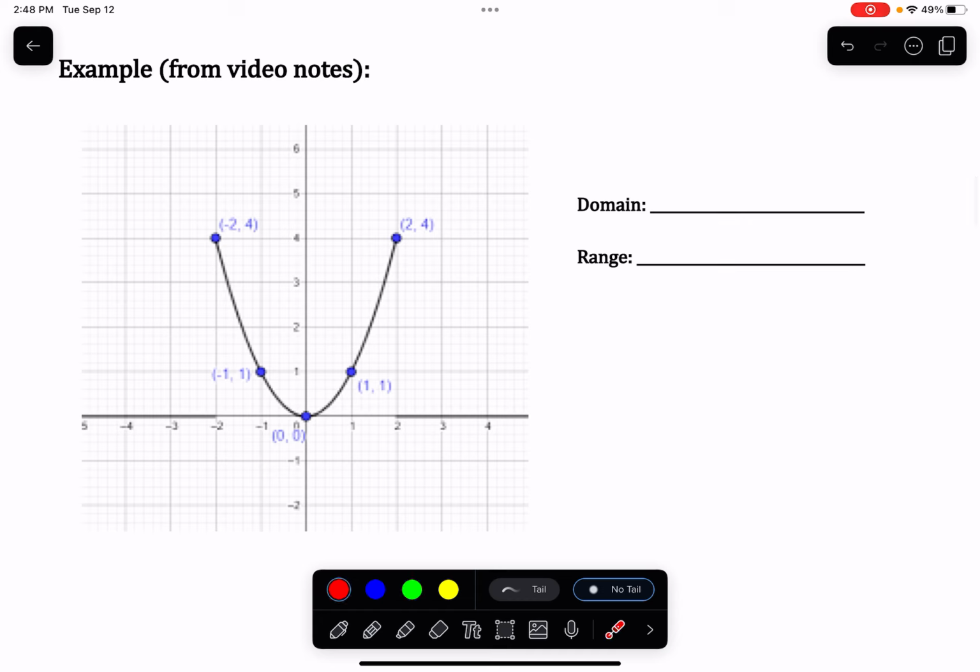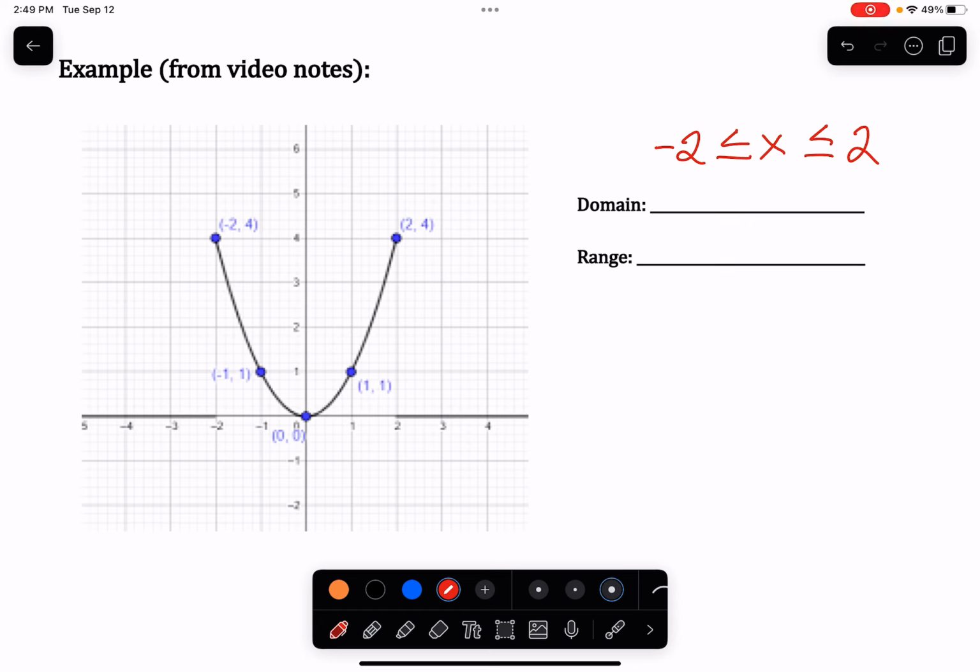So one way that I can write this is that for my domain, let's go to a pen. I can say that -2 is less than or equal to x, which is less than or equal to +2.